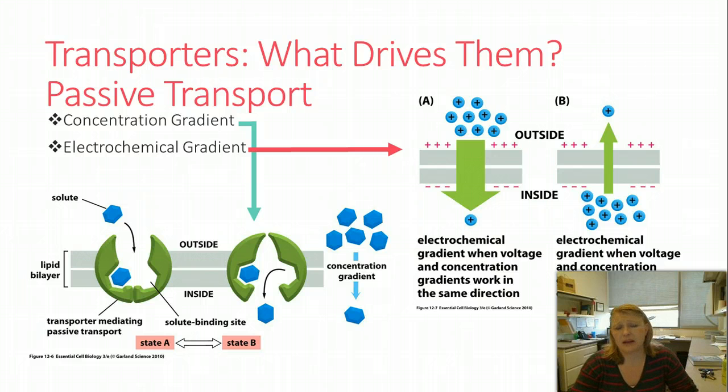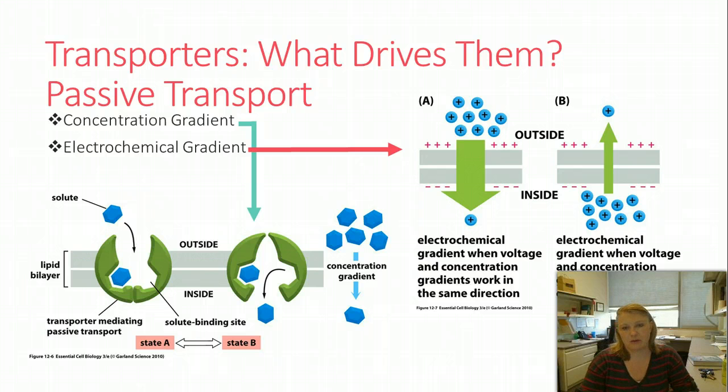We also have electrochemical gradients. There's a charge that runs along the outside of the cell, and all the cells have these, some to a greater extent than others. The charges can work in concert with the concentration gradients, as you can see in example A, where the positive charge is on one side and the solute is positively charged, it will allow for the pumping of the solute across the membrane through a transporter.